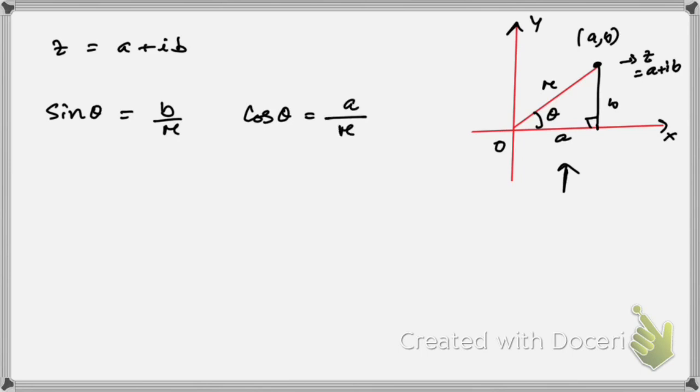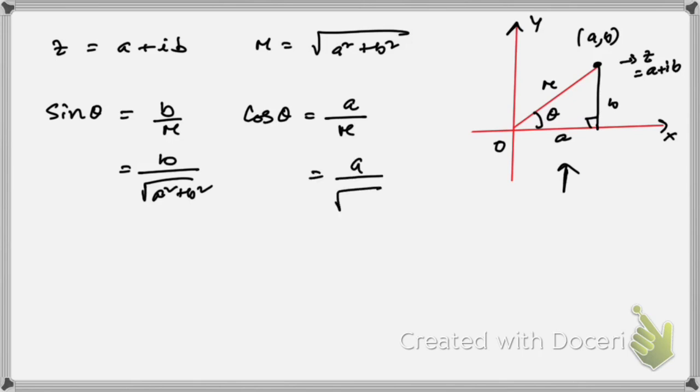And we know that r is given by root over a square plus b square. So sine theta is b by root over a square plus b square, and cos theta is a by root over a square plus b square.